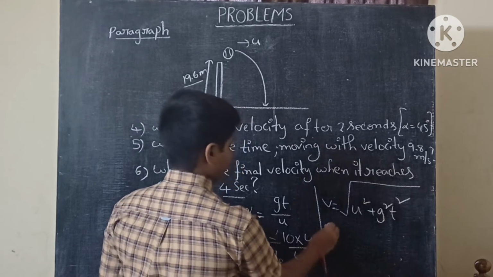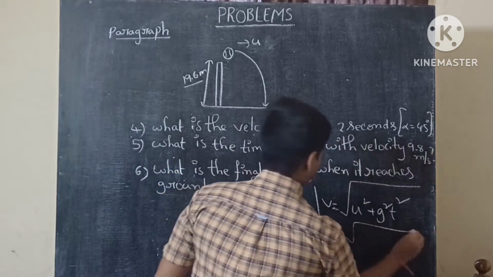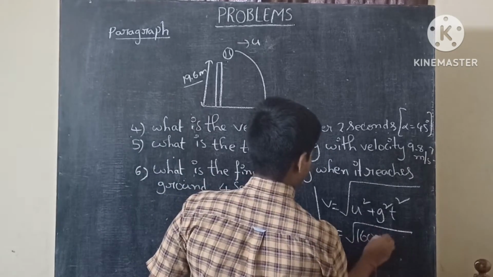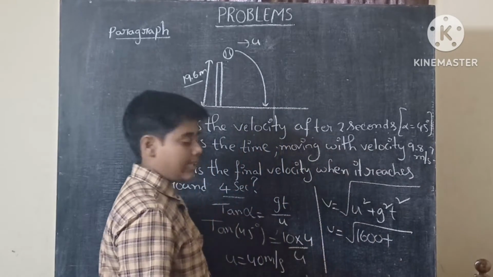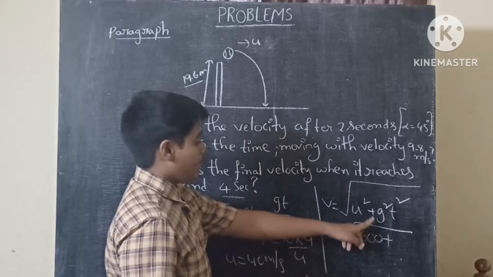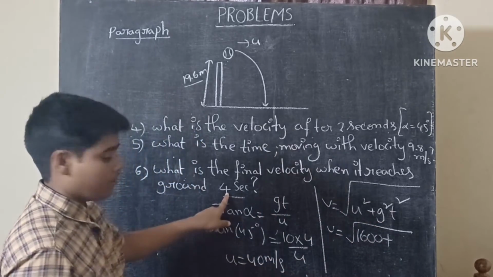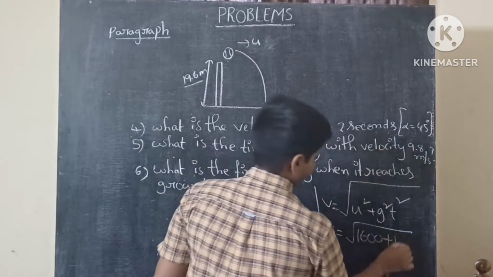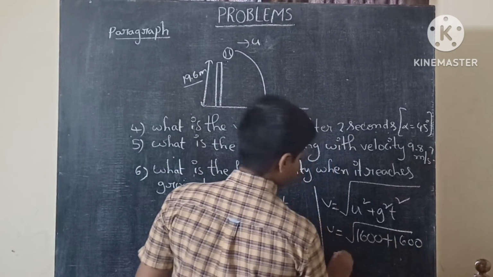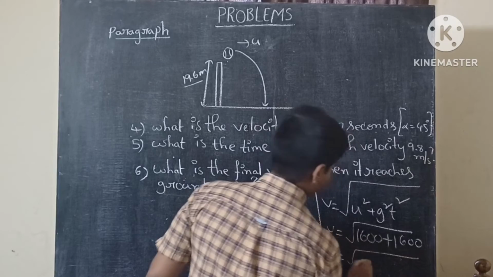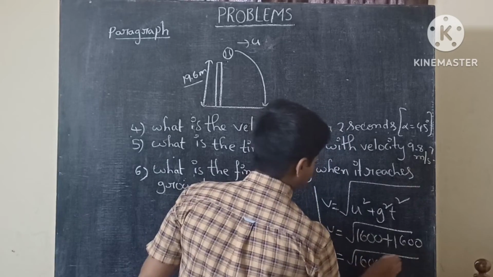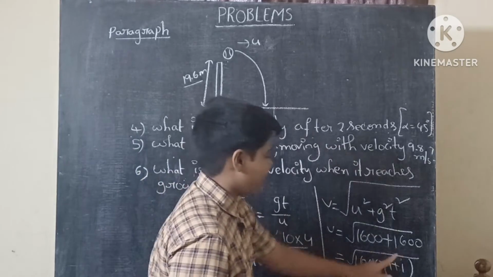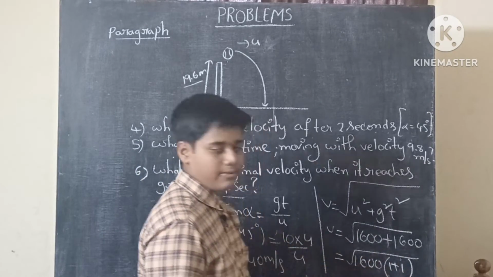So v equals root over u square, 40 square, 1600, plus gravity 10 square means 100, into 4 square, so 100 into 16, 1600. I am taking 1600 common, 1 plus 1, because there are 2 terms.